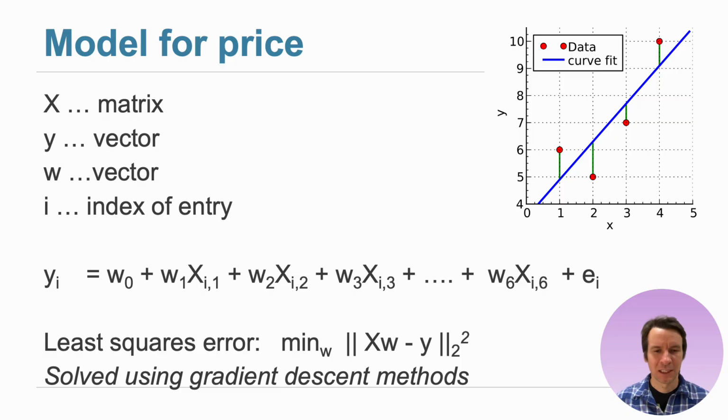If you take calculus 1, you may hear a little bit about the gradient descent method. What it does is it starts with some w, and then tries to see if changing the w a little bit will decrease the value of the objective function, and it can slowly move towards the minimum.